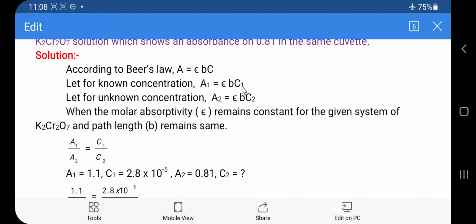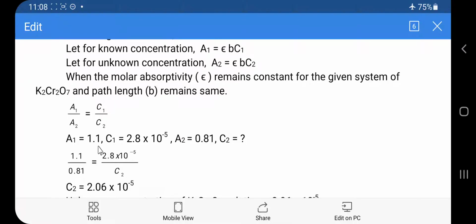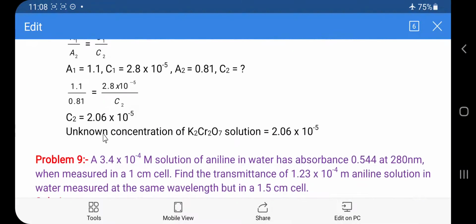By dividing the first equation by the second, we can write A1 divided by A2 is equal to C1 divided by C2. Substituting the values of A1, A2 and C1, we can calculate C2, and finally C2 is equal to 2.06 × 10^-5. So the unknown concentration of the potassium dichromate solution is 2.06 × 10^-5.